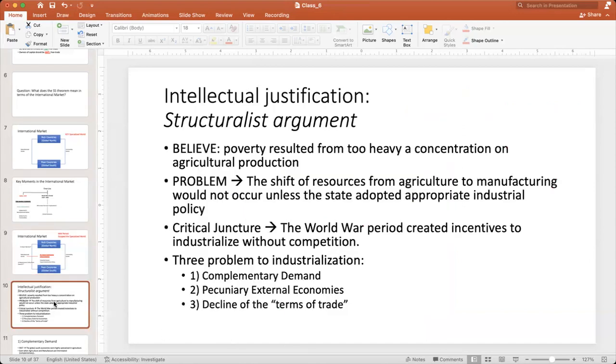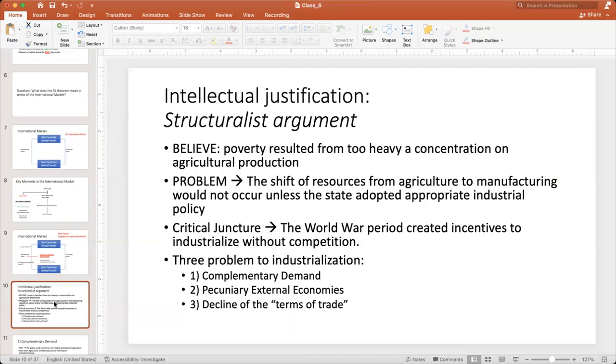However, there is more. Import substitution industrialization has an intellectual justification based on a structuralist argument. What is the main structuralist argument? Well, the structuralist argument is based on a belief. The belief says that poverty resulted from too heavy a concentration on agricultural production.